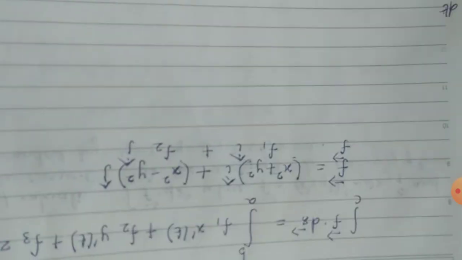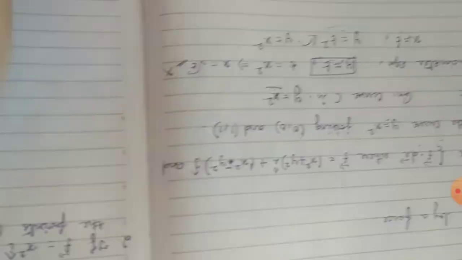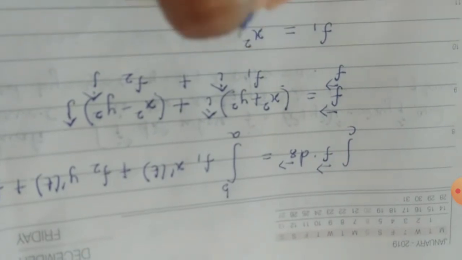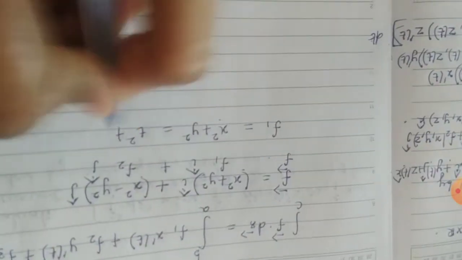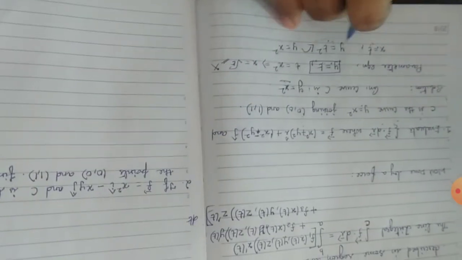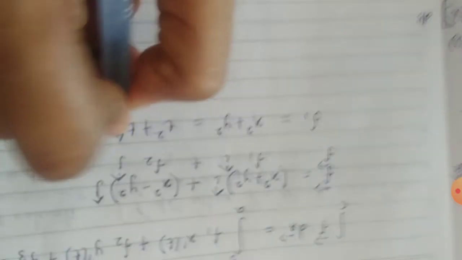So we have to substitute x as t and y as t squared in terms of F vector. So f1 is equal to x squared plus y squared. Since x is t, x squared becomes t squared, and y is t squared, so y squared becomes t power 4.